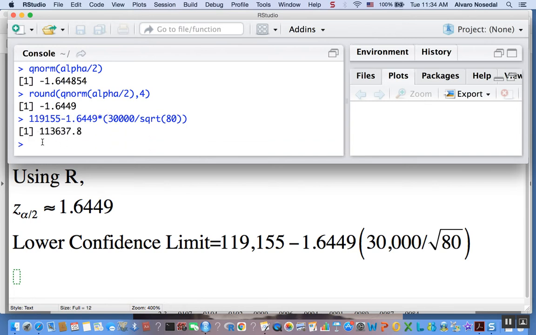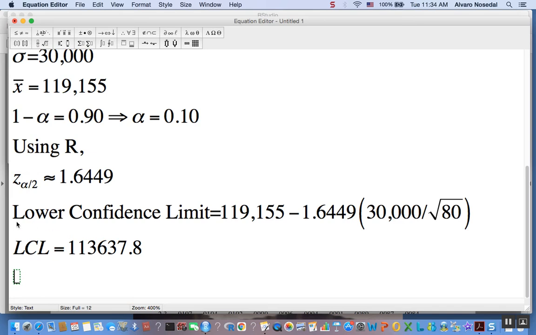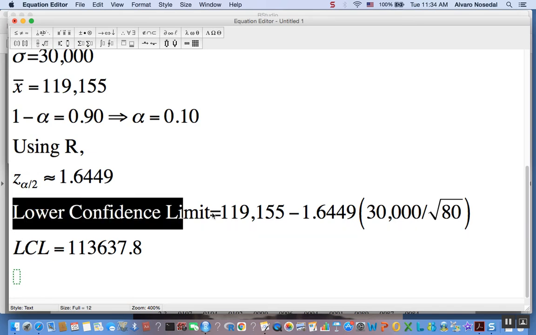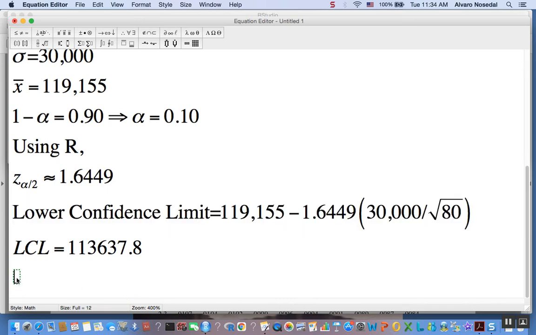Okay, so $113,637.80 basically. So our lower confidence limit would be that. Note that for the upper confidence limit, the only difference is going to be a sign.